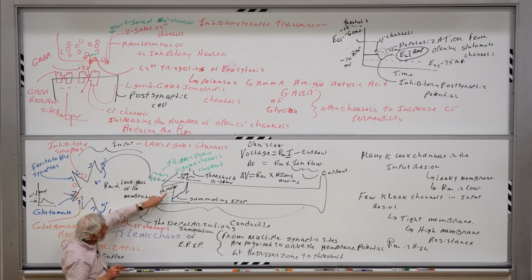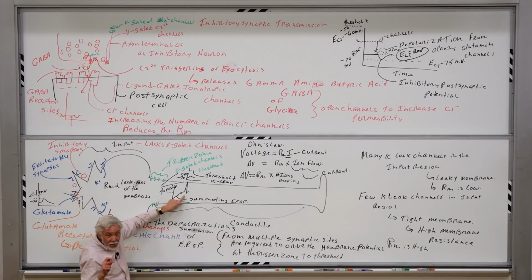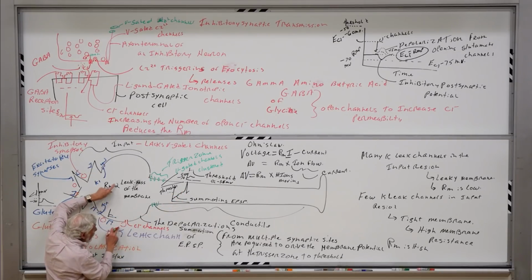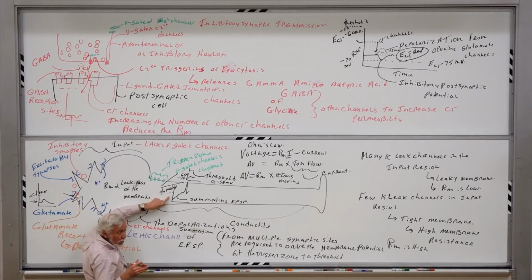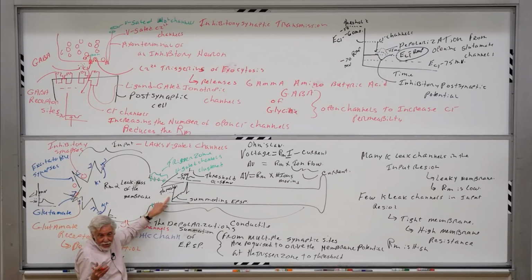So that means if we needed 150 of these EPSPs to add together at the trigger zone, because now we've increased the permeability to chloride, we've made the membrane resistance smaller. That means now we don't need 150. Now maybe we need 200 or 250.